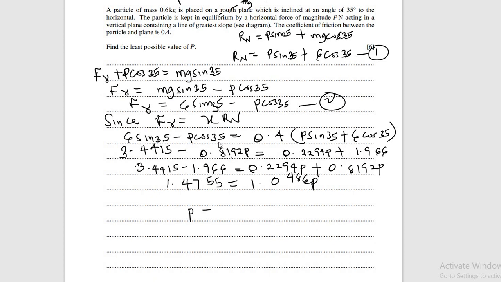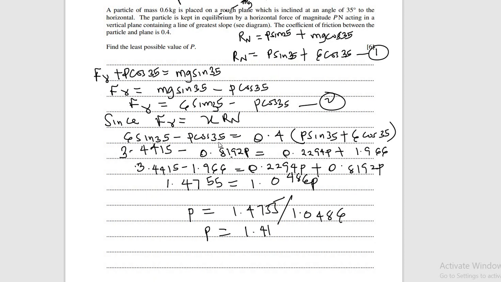So make P the subject of the formula: 1.4755 over 1.0486. So P will be 1.4755 divided by 1.0486. So our P is 1.41.